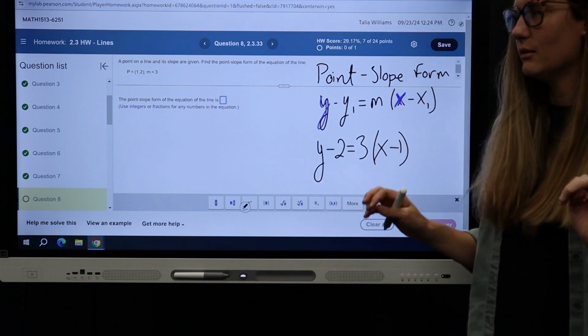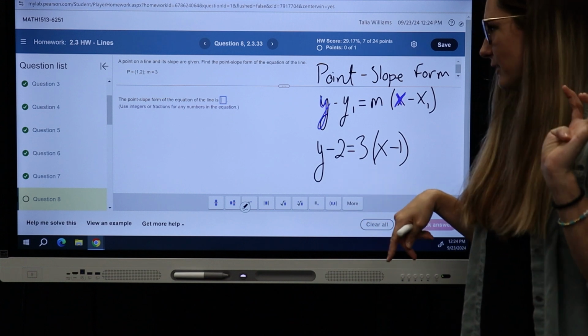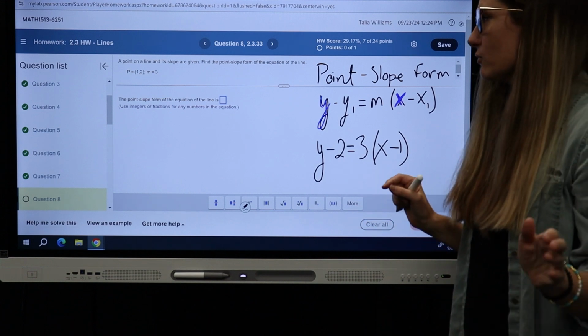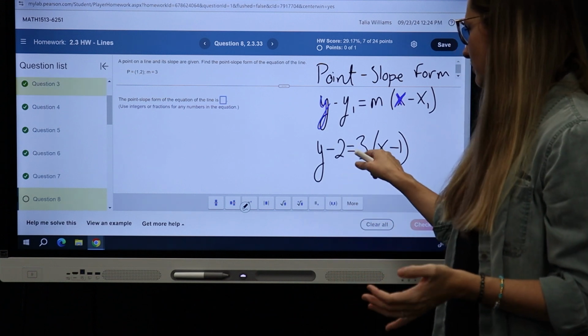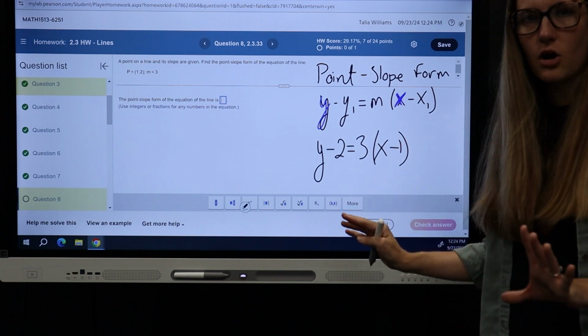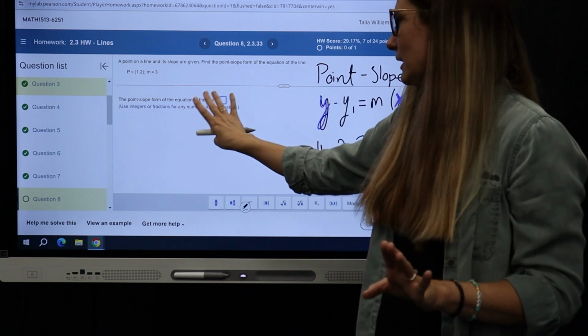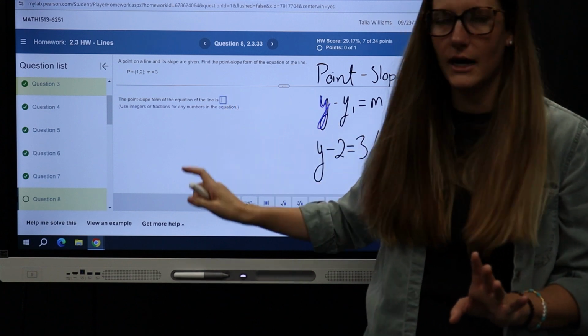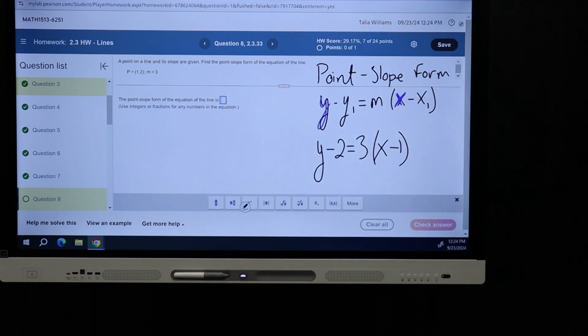They ask for it in point slope form. If they asked for it in slope intercept form, or for us to simplify, we'd have to distribute and solve. But this they want in point slope form, so type it in just like that once you plug that in. Y minus 2 equals 3 times x subtract 1, close parenthesis.